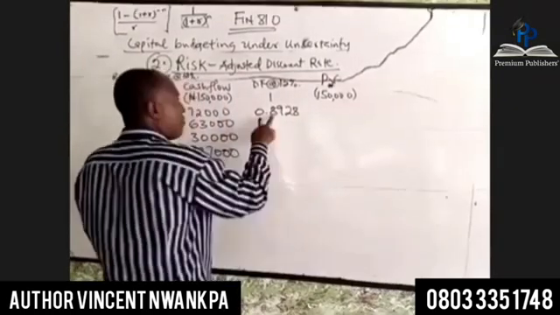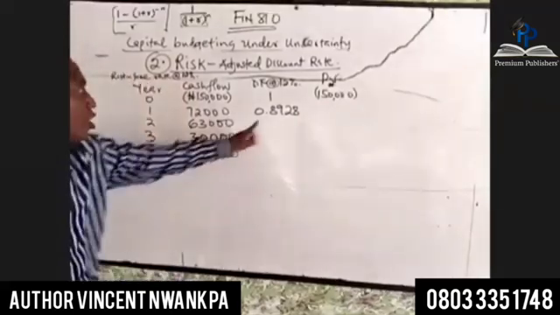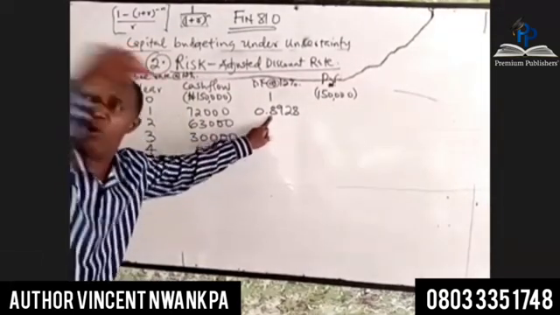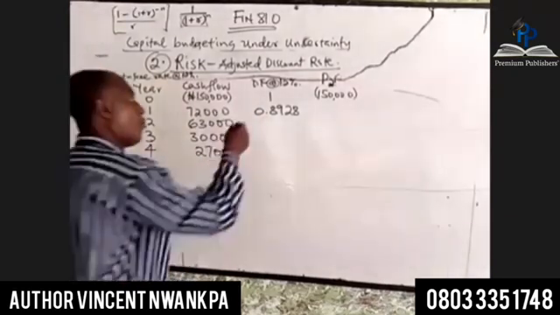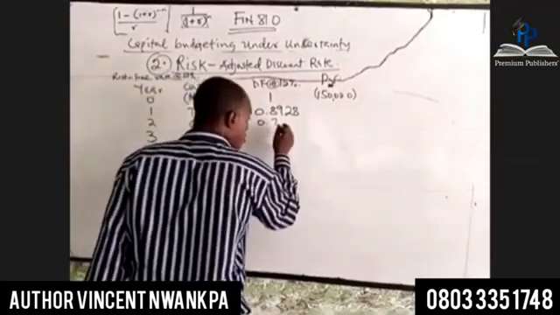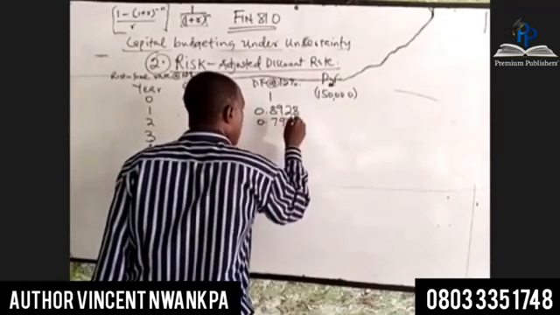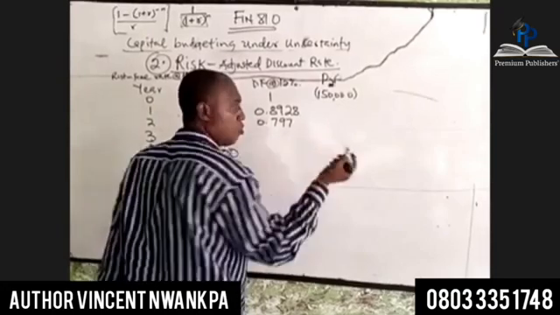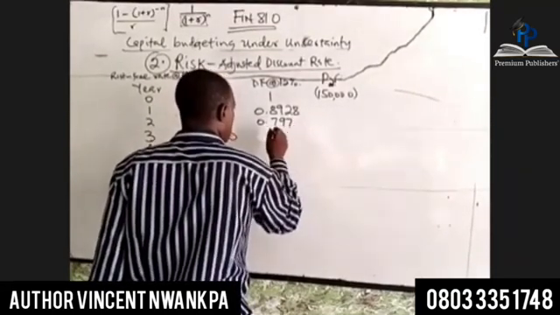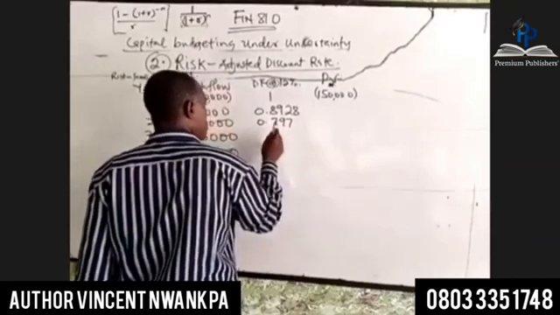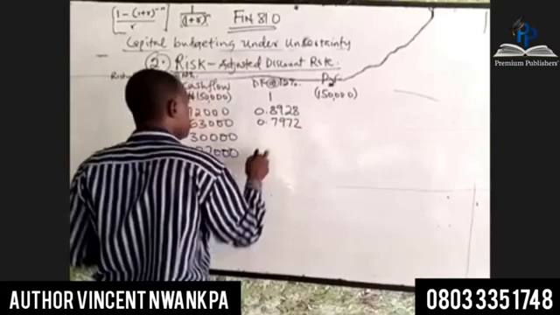Good. Divide this one by 1.12 to get year 2: 0.7972.